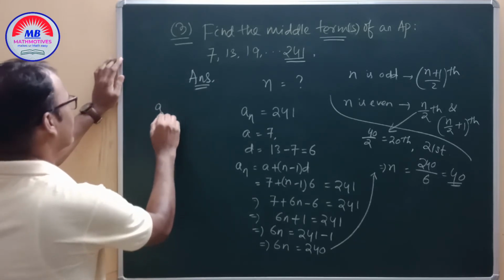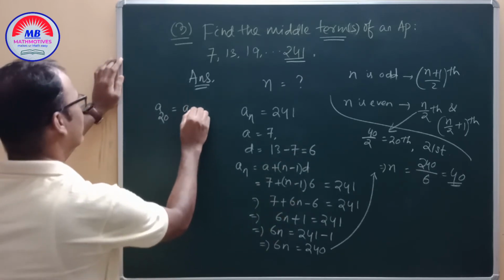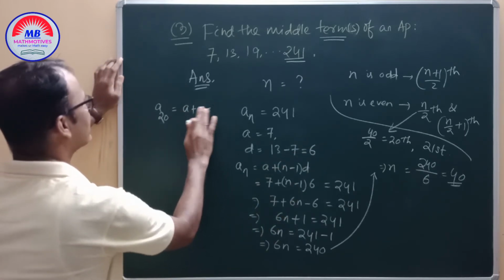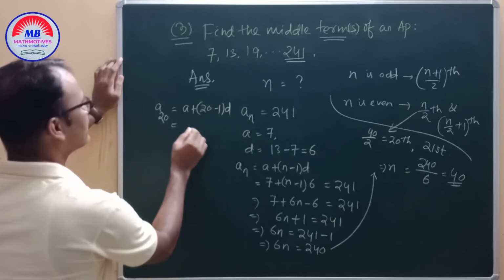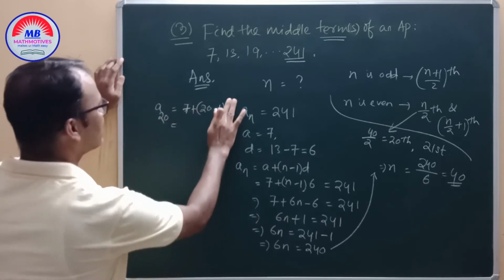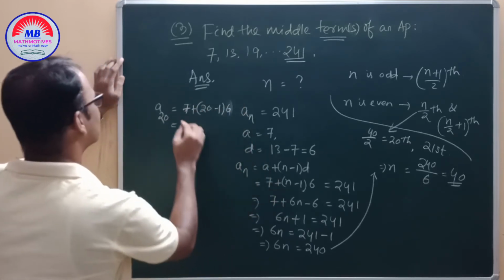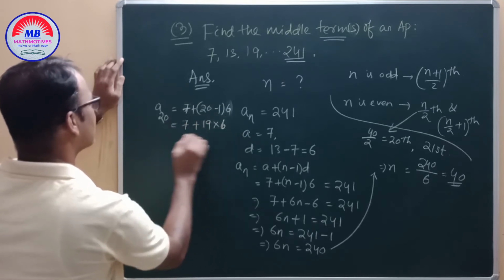So a20 equal to a plus n minus 1 into d, n is 20 minus 1 into d. Here in place of a you put 7 and in place of d you put 6. So it will be 7 plus 19 into 6.